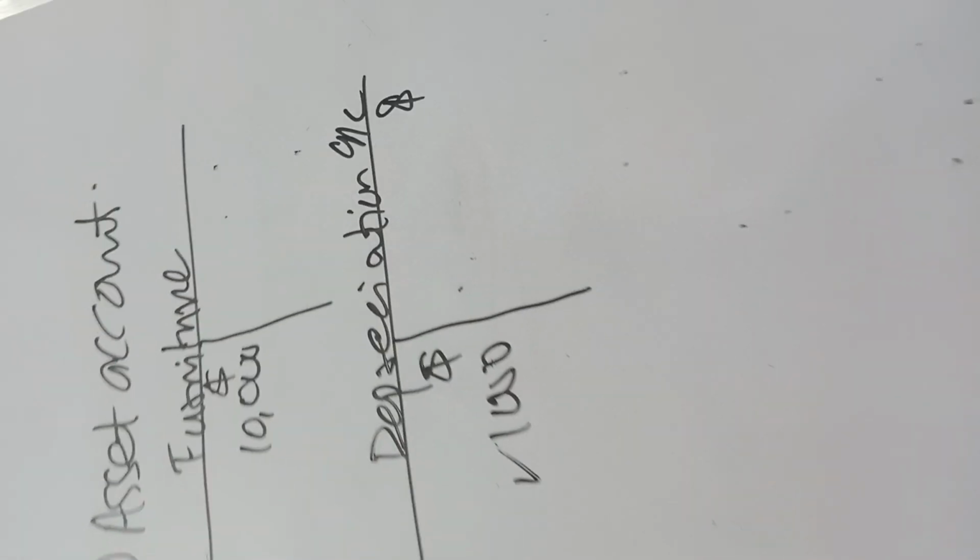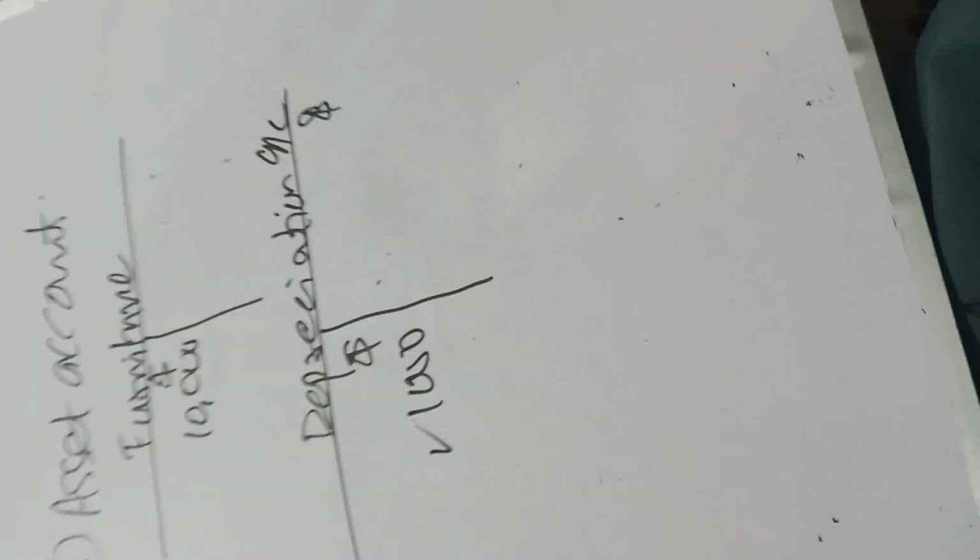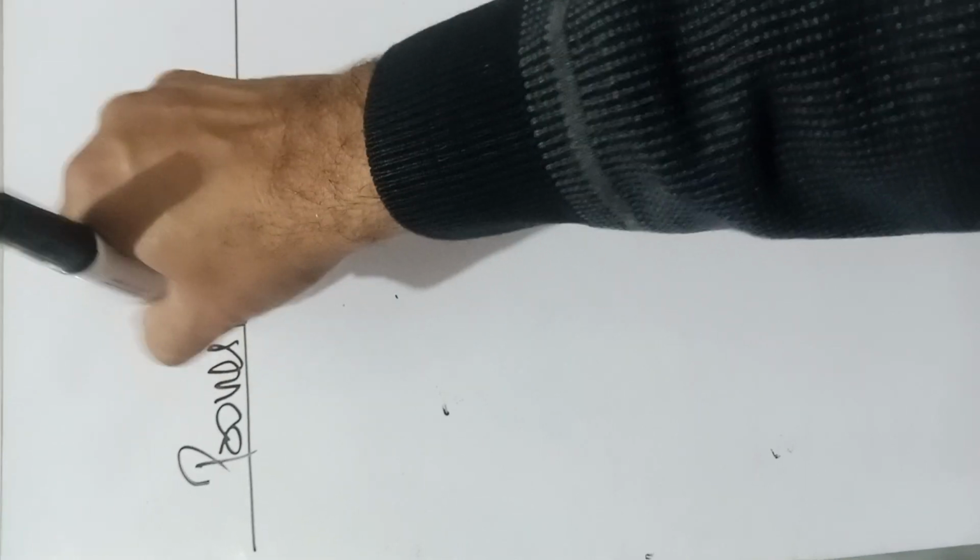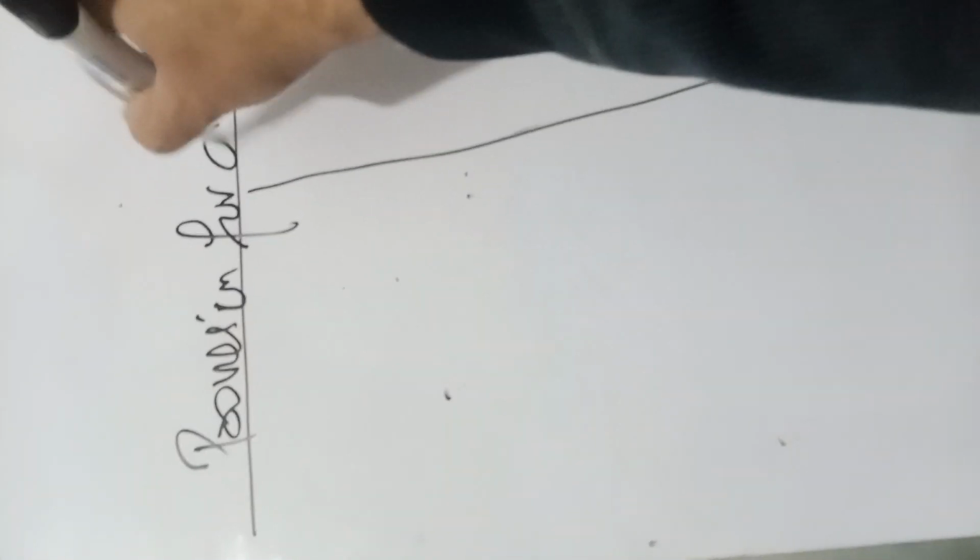And sometimes the examiner asks you for the furniture depreciation and one more, that is the provision for depreciation account. If the examiner asks you to draw the provision for depreciation account, student, then here, simply what you need to do, you will forward the premium to the next year.